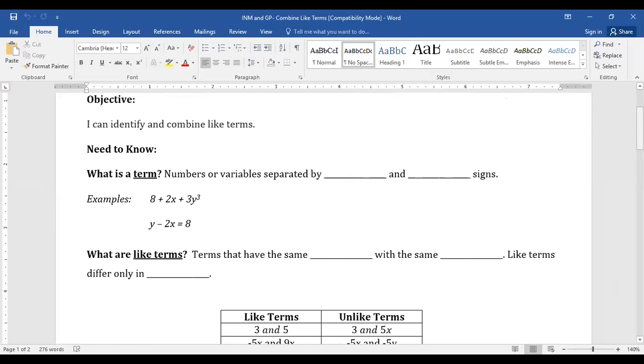If we're talking about terms, what is a term? Numbers or variables that are separated by plus and minus signs.